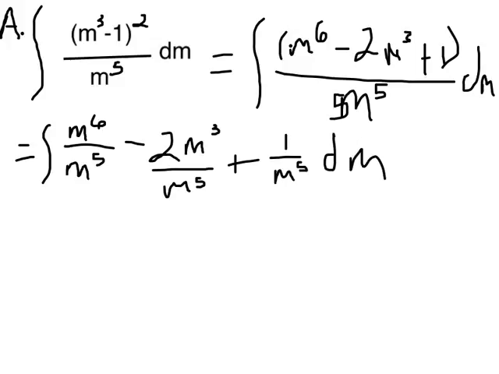Now we are able to simplify some of the variables. So the integral is now equal to m, because we can cross out 5 m's down here and 5 of the 6 m's, leaving just 1 m there.